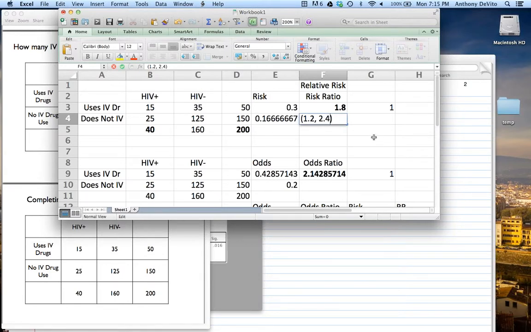In other words, what that would tell me is that I calculated, based on this distribution, that the relative risk is 1.8, but my confidence interval is 1.2 to 2.4. I'm 95% sure that the true relative risk, not just for this sample of 200 people, but for the entire population, is between 1.2 and 2.4.